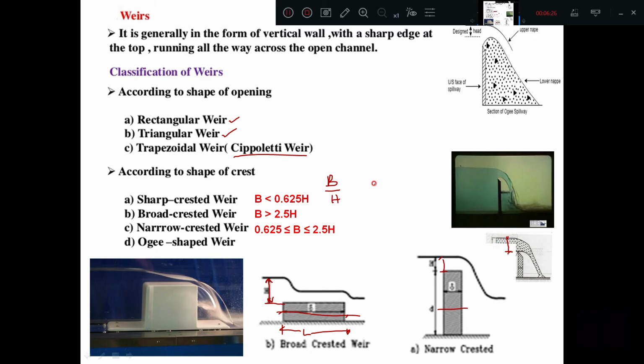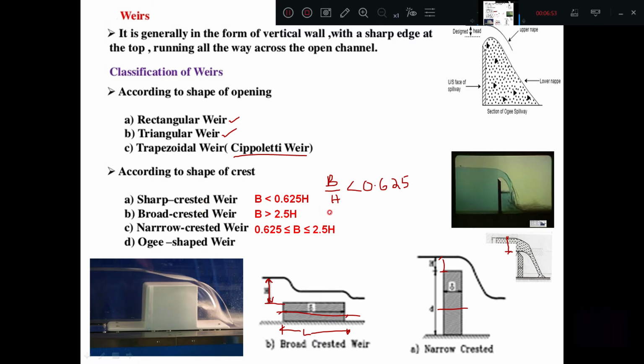So this B by H ratio, if it comes out to be less than 0.625, then that particular type of weir is called a sharp crested weir. Remember, if the B by H ratio is less than 0.625, it is called a sharp crested weir.